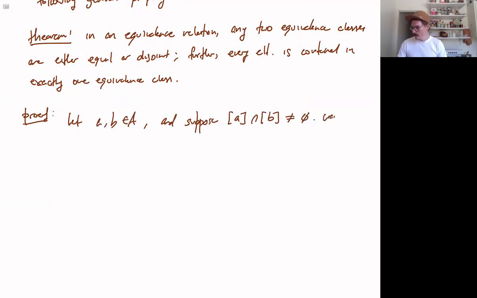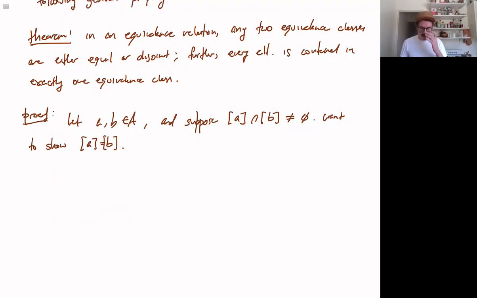We want to show that they are equal, because we're claiming that they're either equal or disjoint. That's the same as saying that if they're not disjoint, they must be equal.